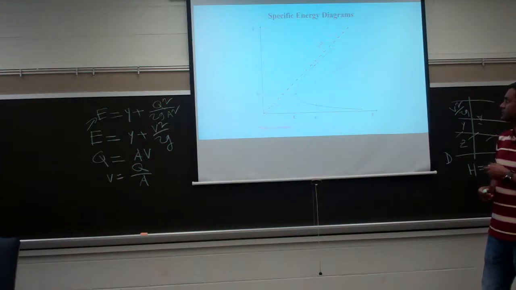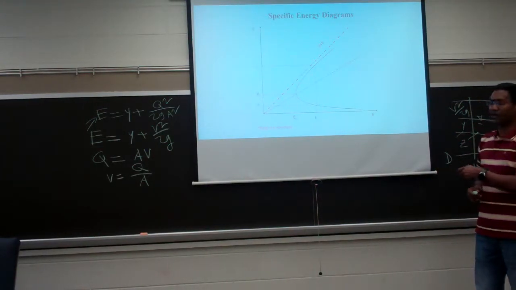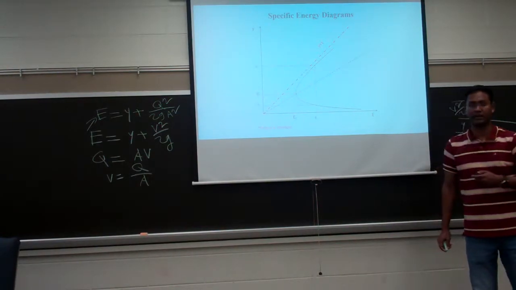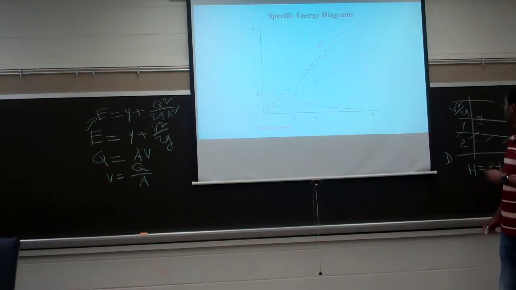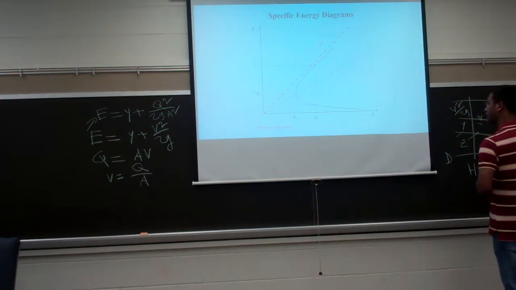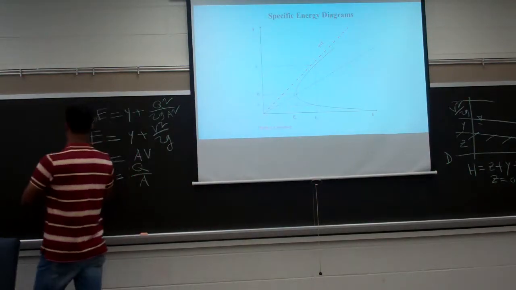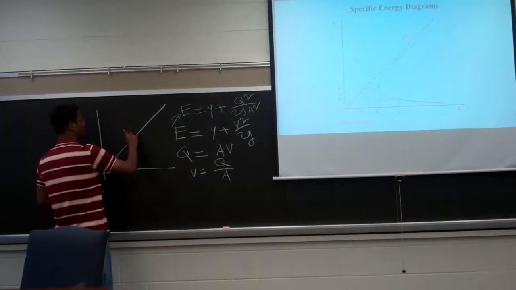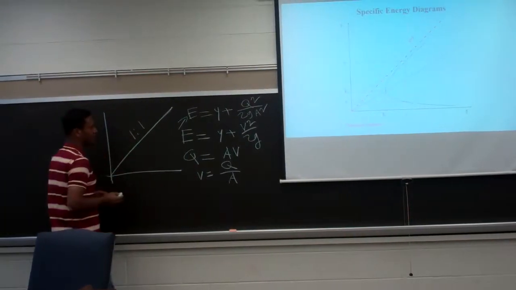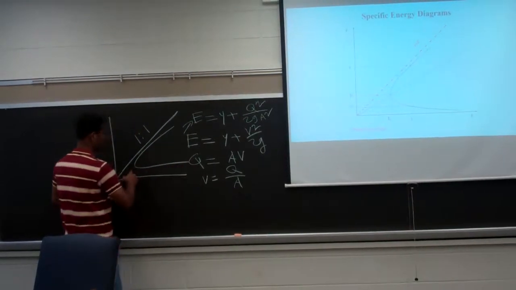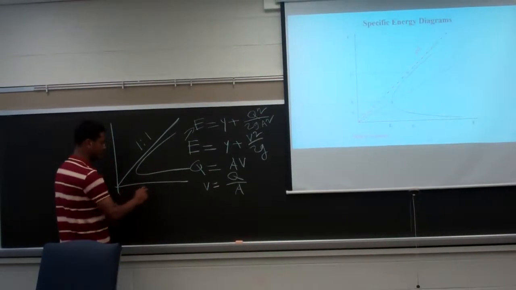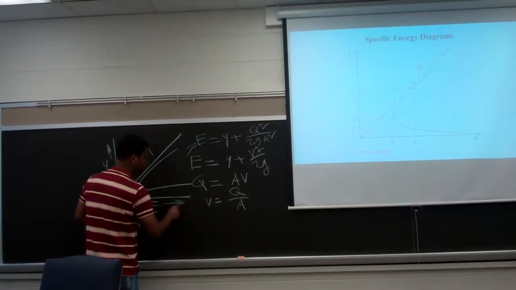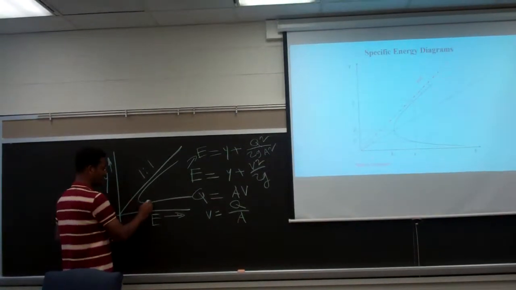So if I plot specific energy along the horizontal axis and depth of water along the vertical axis, I can just draw it here this way. If I draw a one-to-one line, that means a 45-degree line, and this is the specific energy curve. So y will be along the vertical axis and E will be along the x-axis, right?